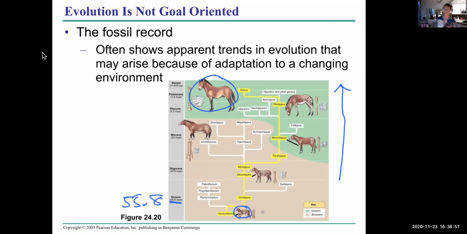Well, the only reason they became larger and larger was because large just happened to be adaptive. But it's not always. Sometimes small is more adaptive, easier to hide. So there's no goal in evolution. Whatever is selected is because it happens to be there and it suits the environment.